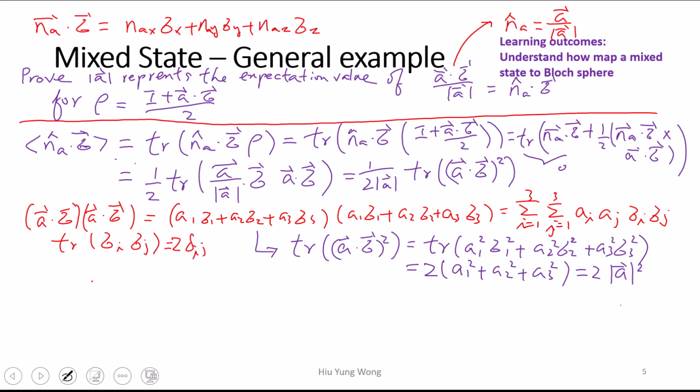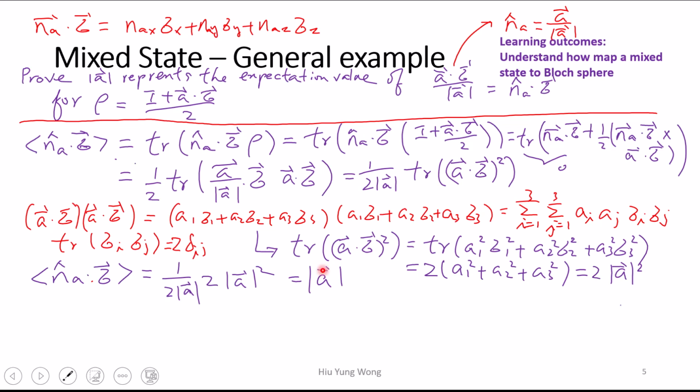So that's why I can say that the expectation value of NA dot sigma equals 1 over 2A magnitude times 2A magnitude squared, right? Because I just copy this one to here, and this is the trace of this square, so it is equal to this one, and this equals the A magnitude.